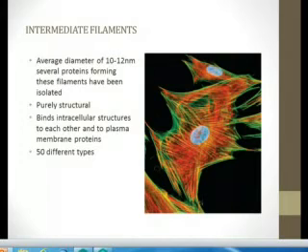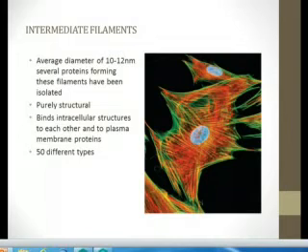This is the second component of the cytoskeleton, and its average diameter is about 10 to 12 nanometers. It is once again proteinaceous in nature, and several different types of proteins have been isolated forming these intermediate filaments. But they have some specific characteristic features different from microfilaments and microtubules, which make them purely structural in nature.